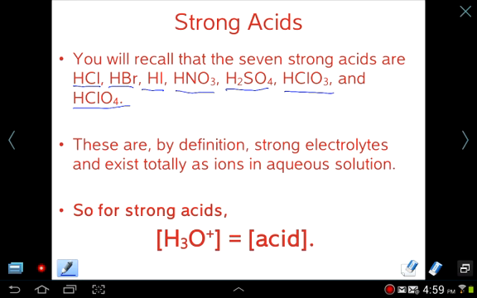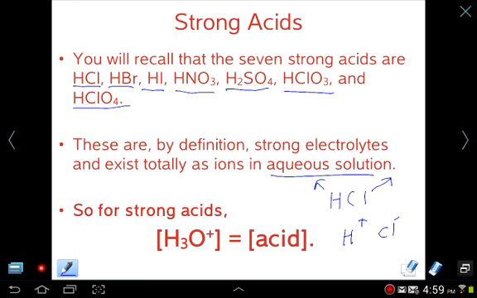And if they're strong, this means in aqueous solution they completely break apart. So HCl, for example, completely breaks apart into H plus and Cl minus. And what you've got is a bunch of hydrogen ion and chloride ion in solution.